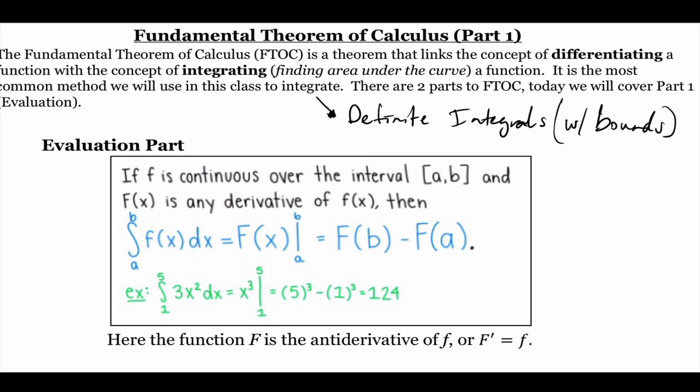If f is continuous over the interval a to b, and capital F of x is the antiderivative of f of x. Okay, so capital F, anytime you see capital F, it means it's the antiderivative of f. You know how last semester, f prime meant the derivative, right? That's what we use for the derivative, right?